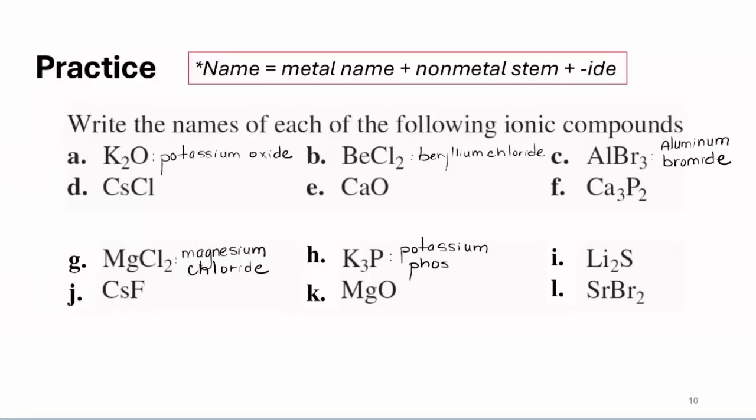The nonmetal name is phosphide. And lastly, I have Li2S. This is lithium, and the nonmetal is sulfide.